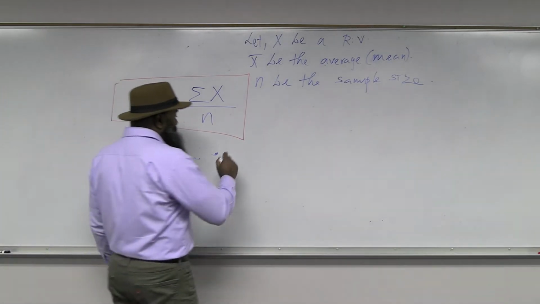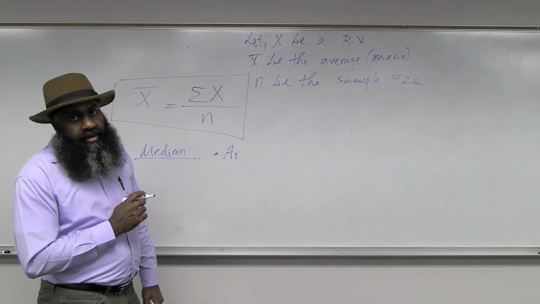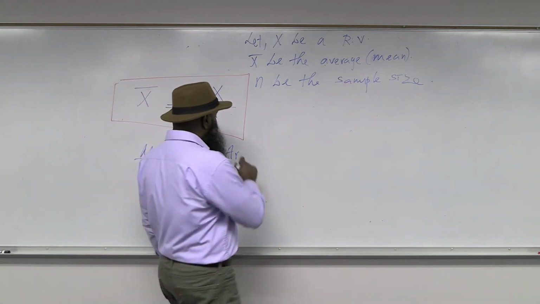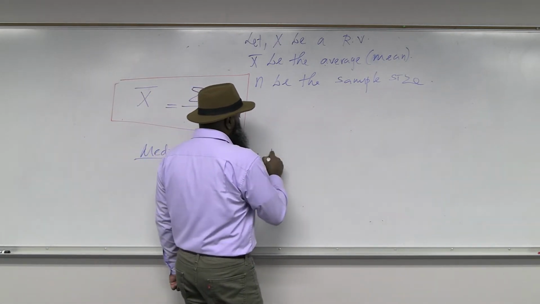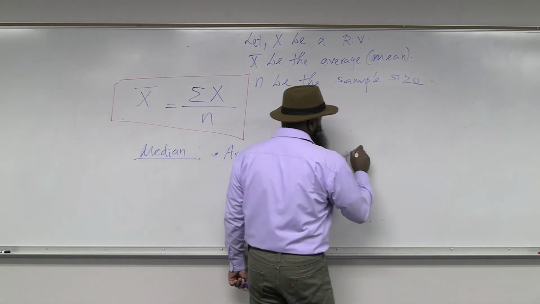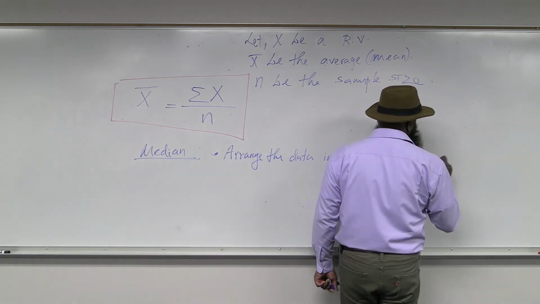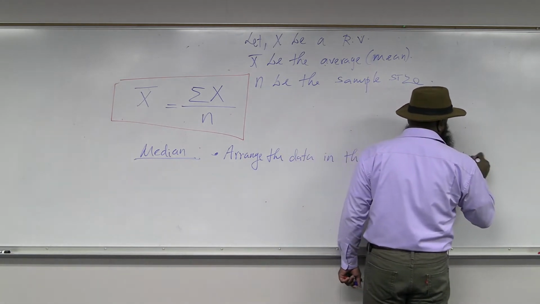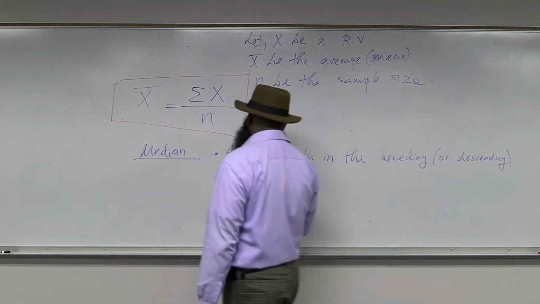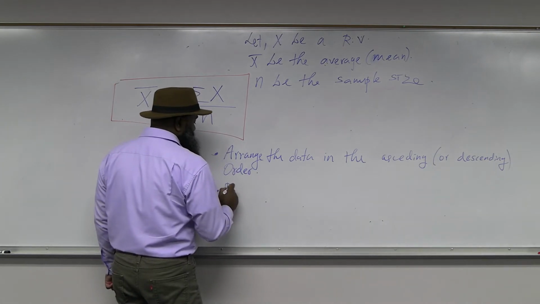So you will need to arrange the data set in ascending order or descending order. Either of the two orders is fine. Arrange the data in ascending or descending order. And then you pick the midpoint.